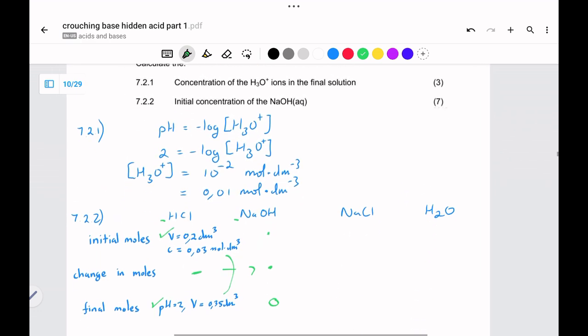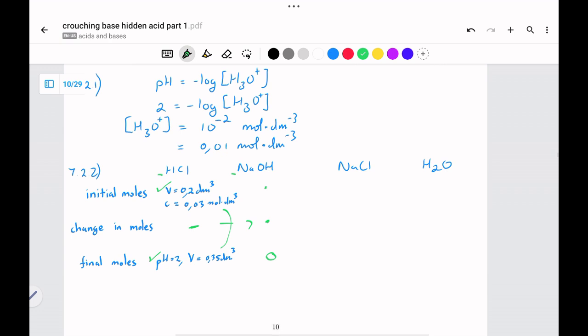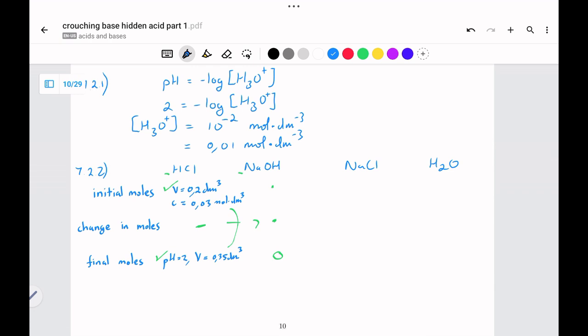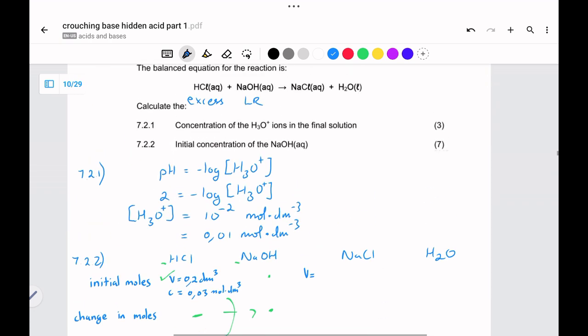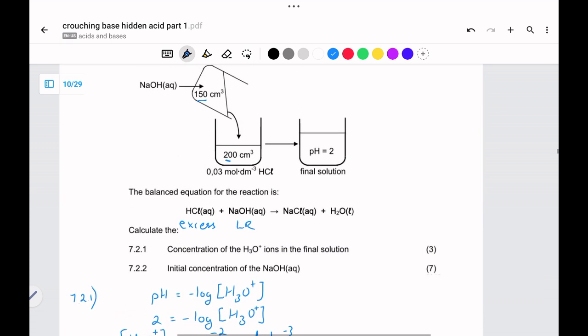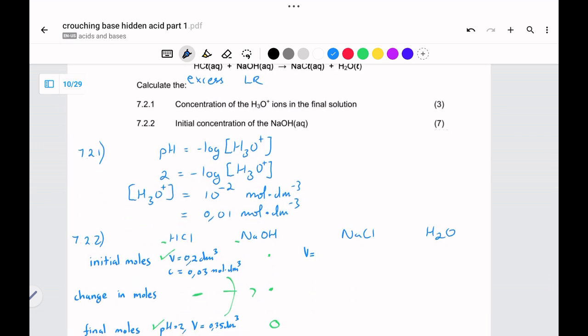And they want the initial concentration for the sodium hydroxide. So let's just write in over here that the volume was 0.15 cubic decimeters.